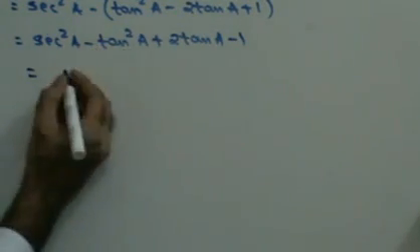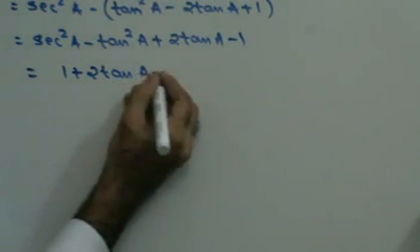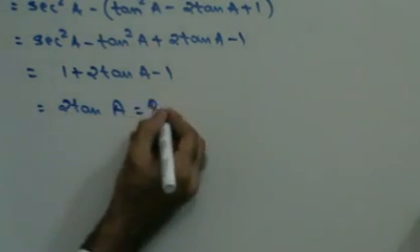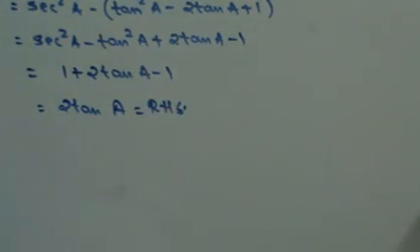Sec^2 A is nothing but 1 plus tan^2 A. So sec^2 A minus tan^2 A is nothing but 1. Therefore, it will be 1 plus 2 tan A minus 1. Plus 1 minus 1 gets cancelled. Answer is 2 tan A, and I presume that's what you have to prove, RHS. Right? Let's see another sum, guys.